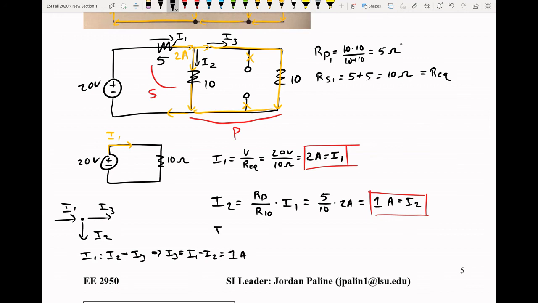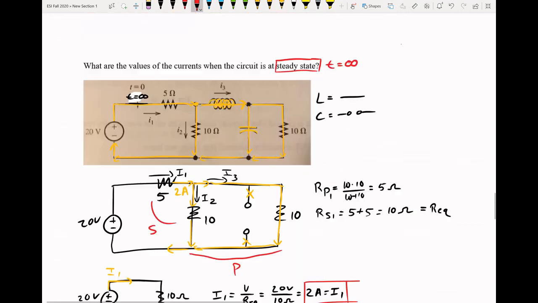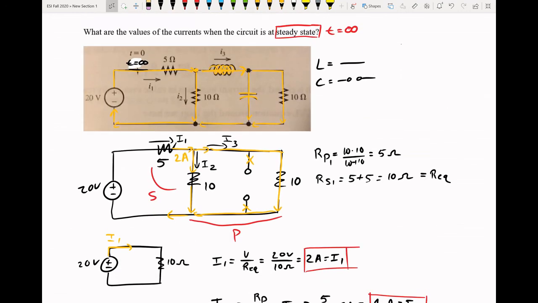Or we can also do I3 equal to R parallel over R10 times I1, which gives us the same result. All right, so just knowing steady state and what the elements act like during steady state is super, super beneficial.